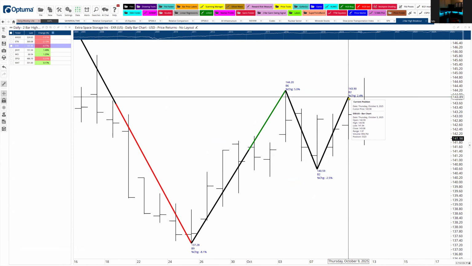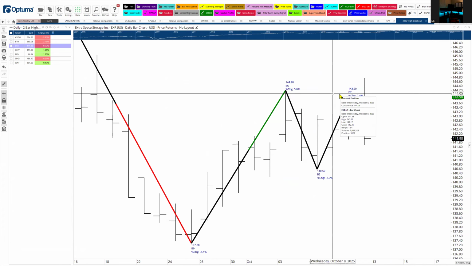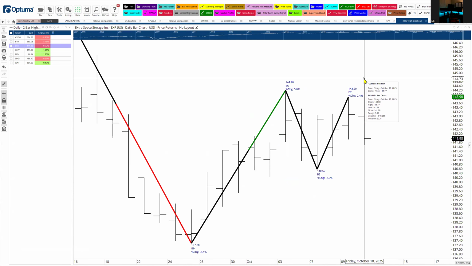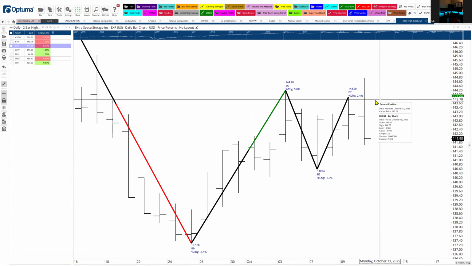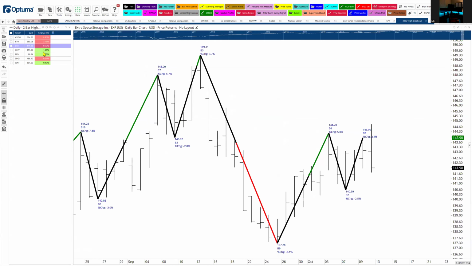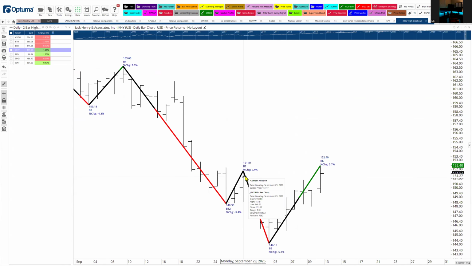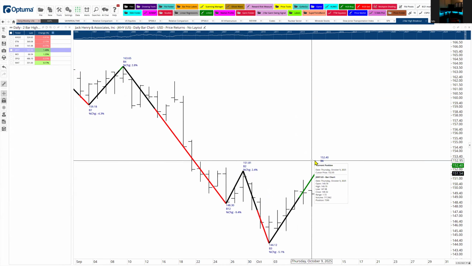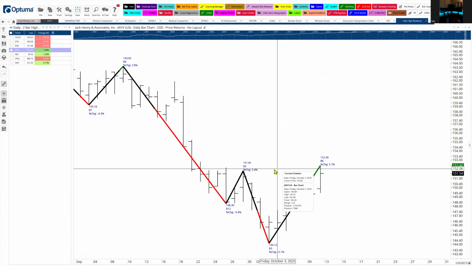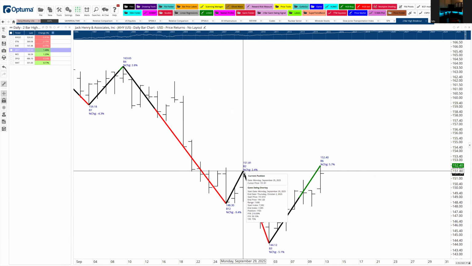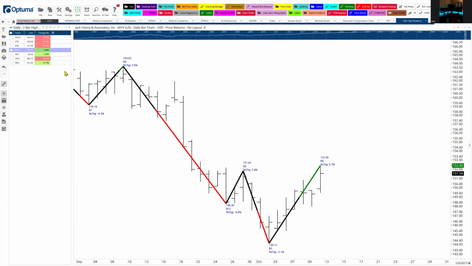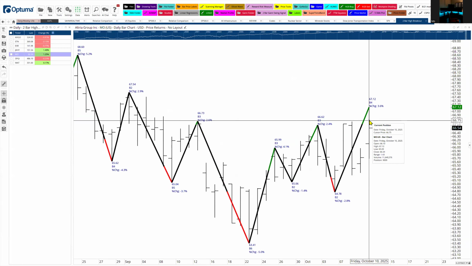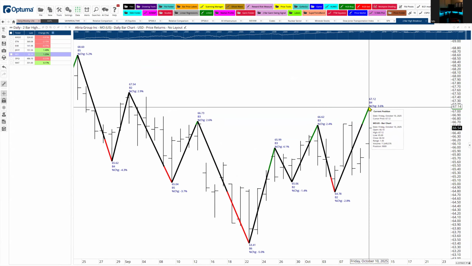See it? At 144, 143.90. Look at the high yesterday, 144. So you're only looking for a breakout right there. See 151, the high was 152.40. As soon as the swing takes out the previous swing high, it's going to show you right there.